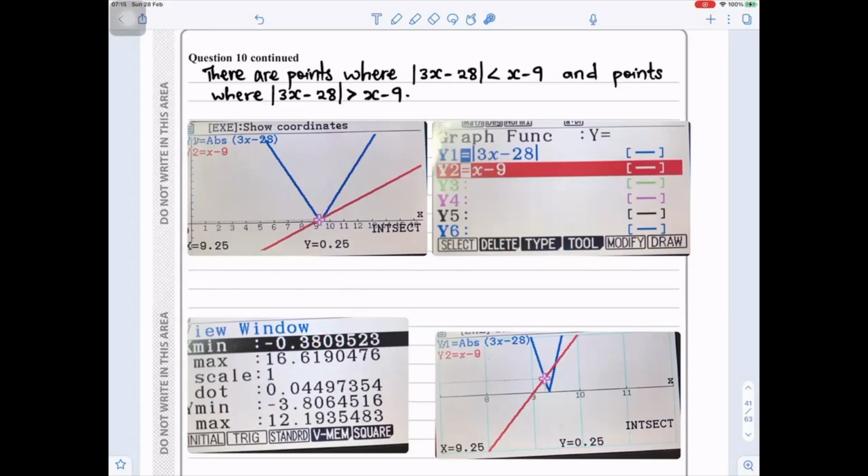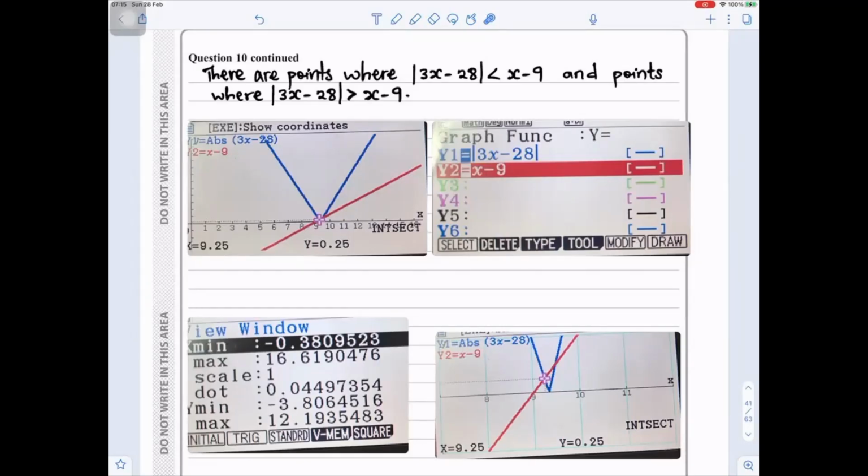And you can see here, these points marked here. So on this part the blue is below the red, and in this one it is above, and it's above there. So the graphs can help you to see the points where 3x minus 28 is below x minus 9.